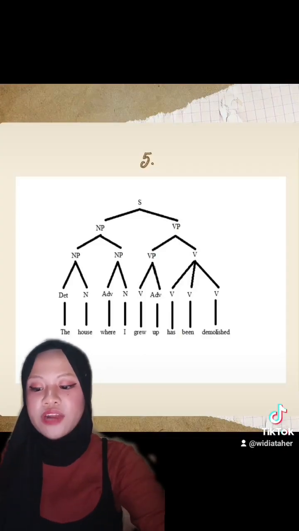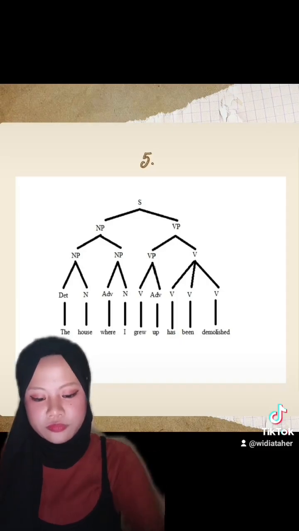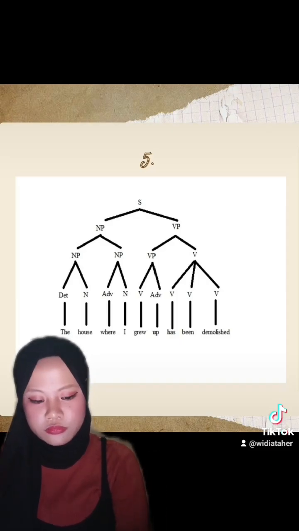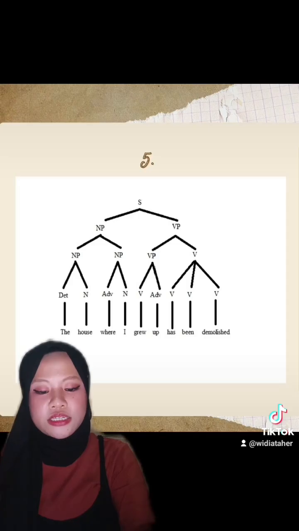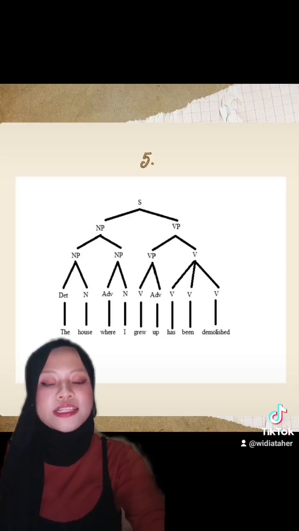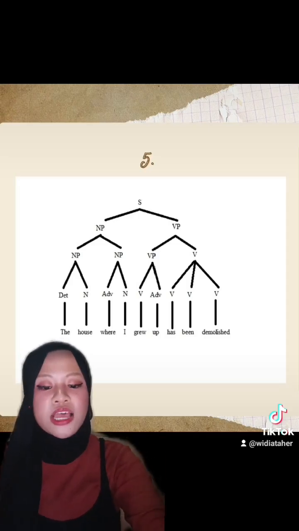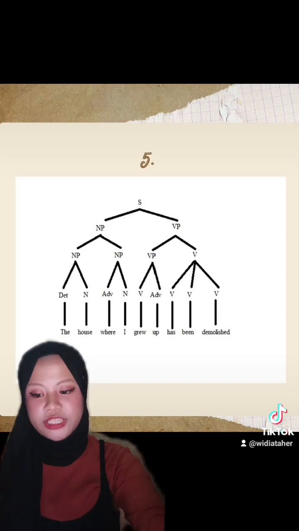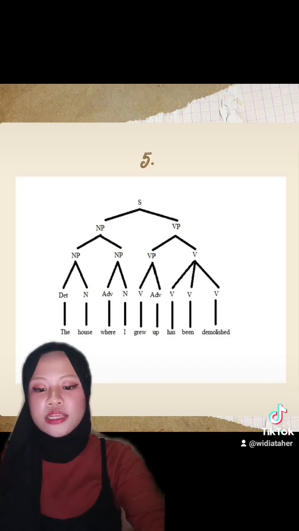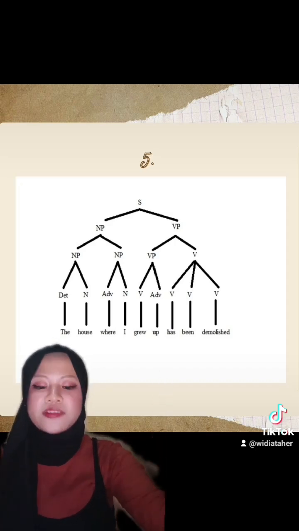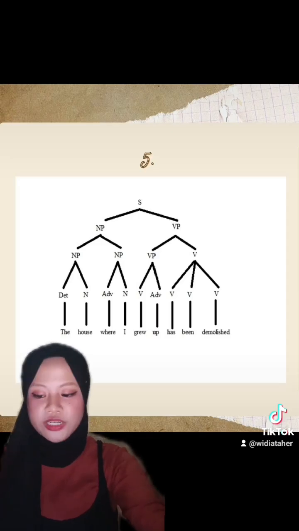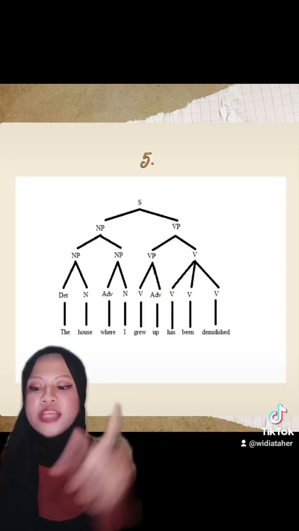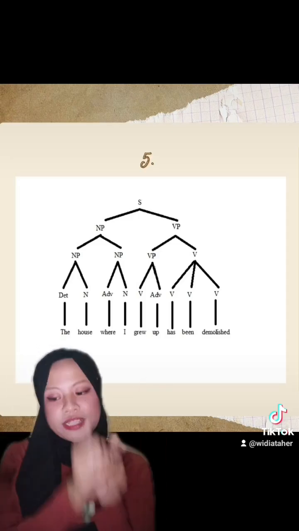The house where I grew up has been demolished. The article is the determiner, which holds the noun as the subject, and the subject has noun phrases, with determiner and noun, adjective and noun.